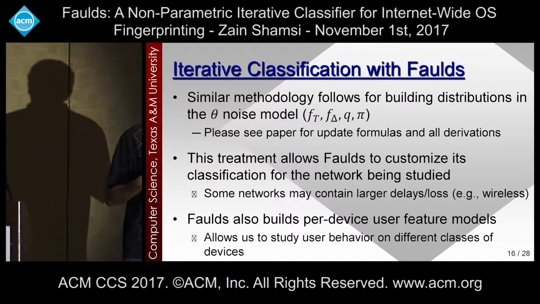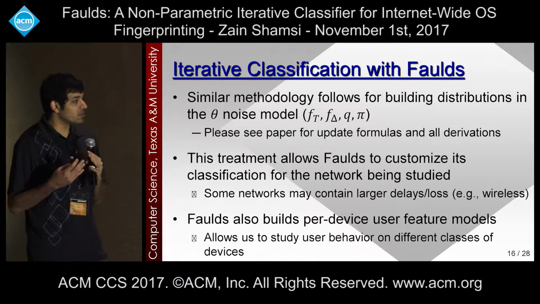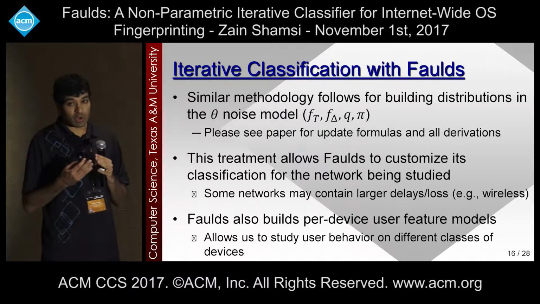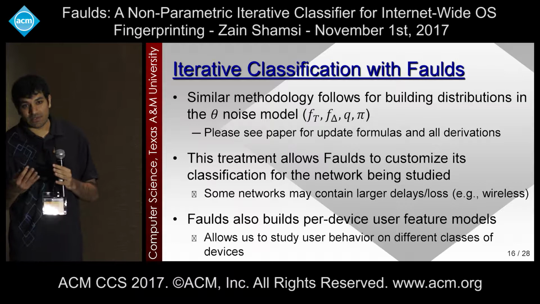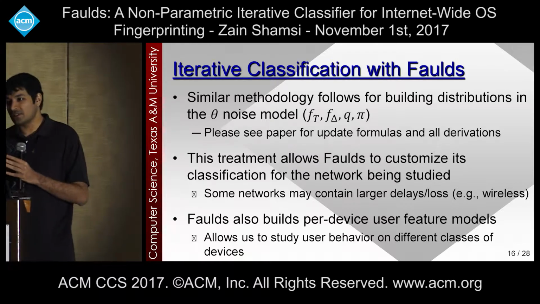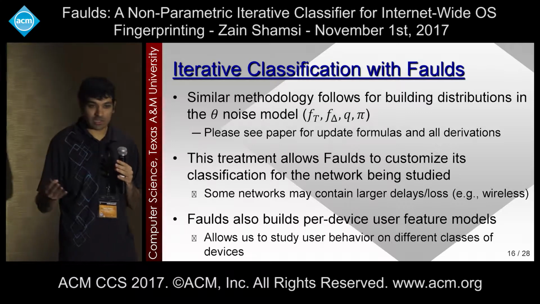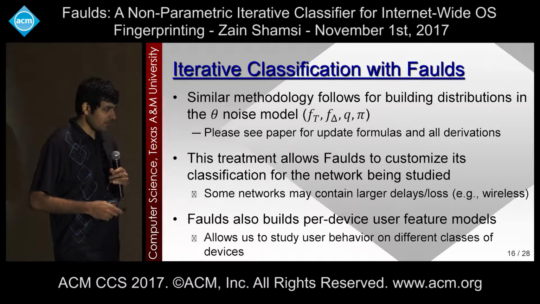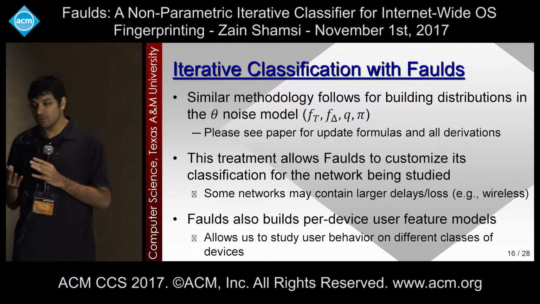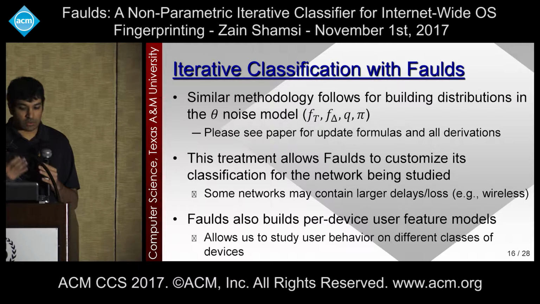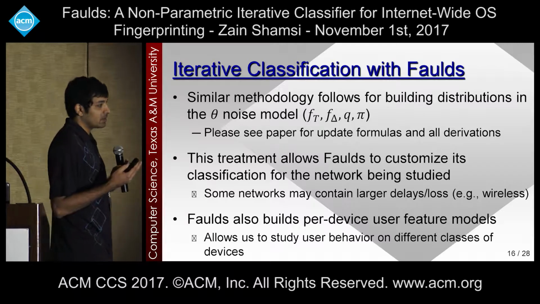So we follow a similar methodology for building update equations for all the distributions in the theta noise model. We don't have time to go through all that notation and derivations here today, so please see the paper for all our update formulas and derivations. But really what this allows us to do is to customize Faulds to the network that we're studying.